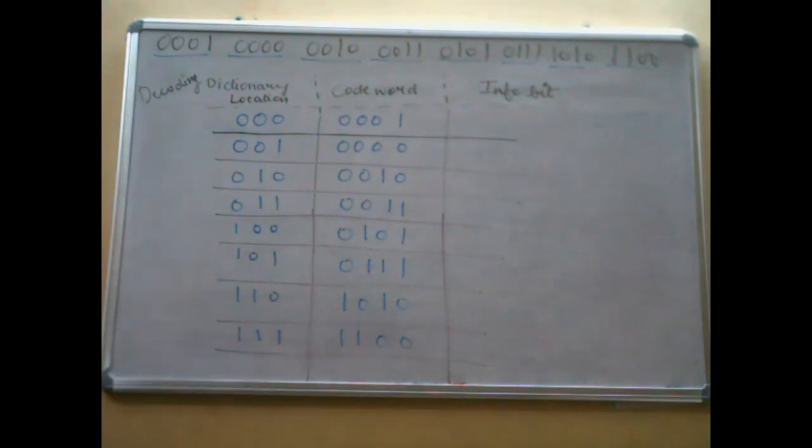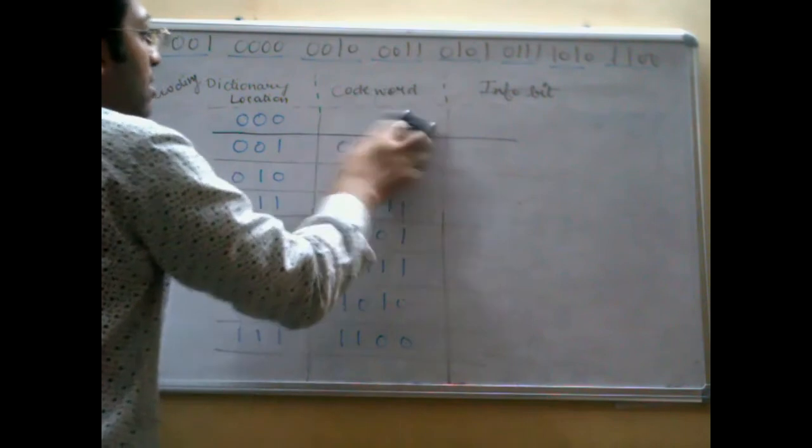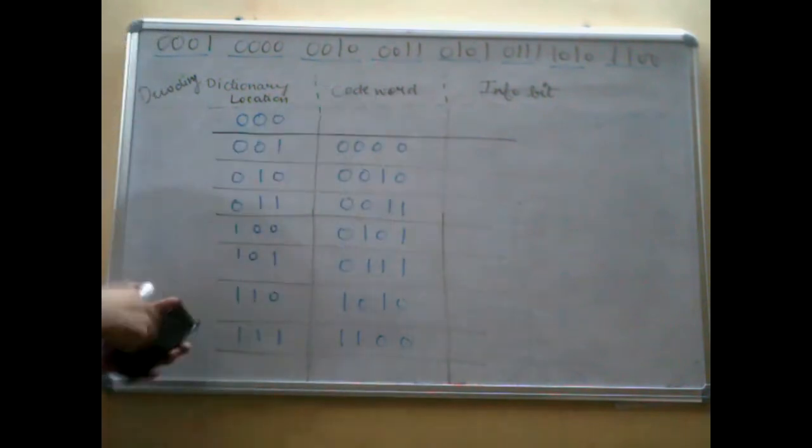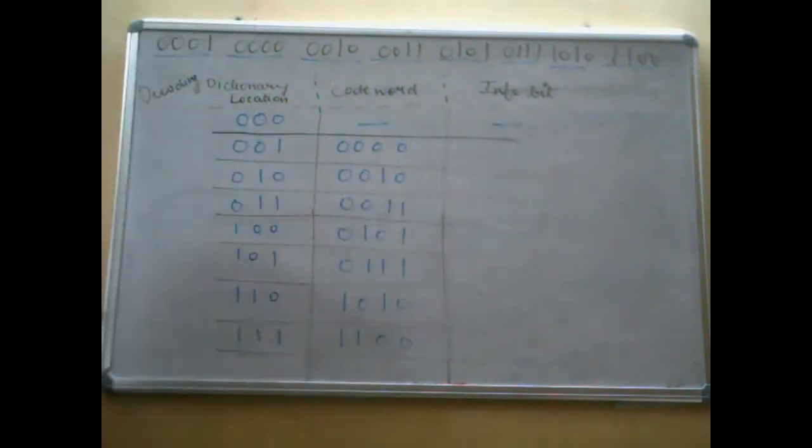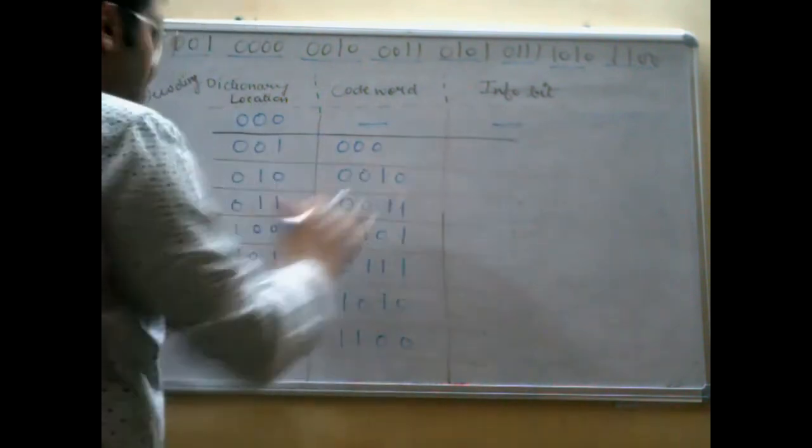Oh, just wait. One mistake I have made in this. Kindly draw this table once again if you have written these values. The starting value will always be kept 3, as was done in the previous case. Start writing the values from here. Just change it.